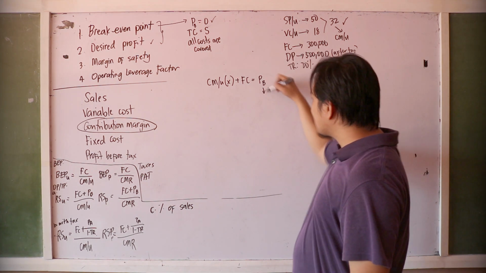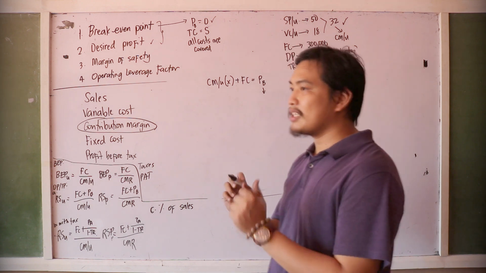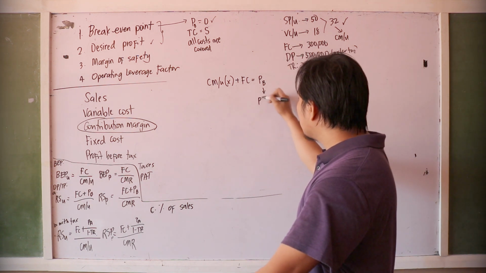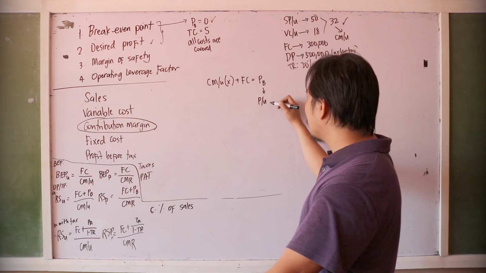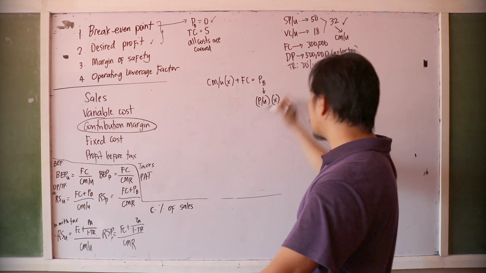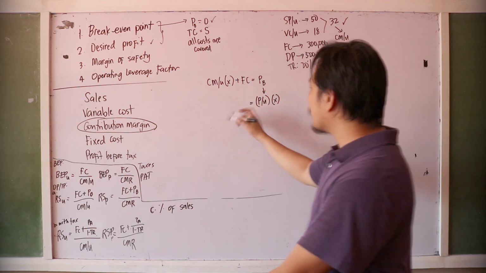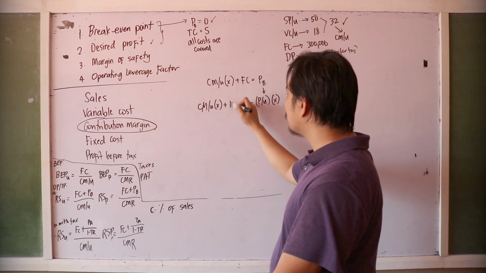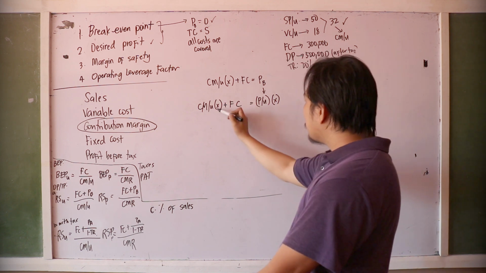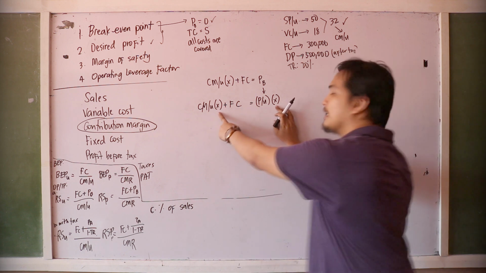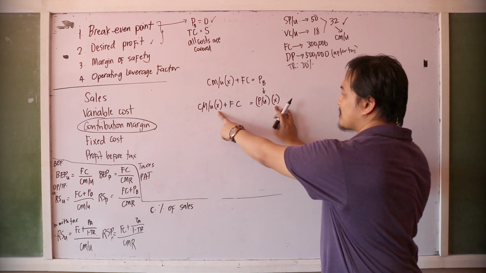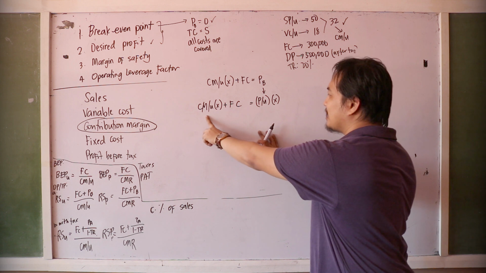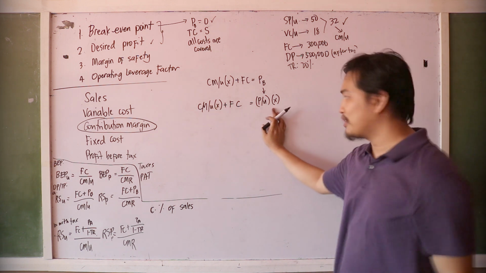Itong profit before tax natin, i-express natin siya in such a way na magiging profit per unit siya times the number of units. Yan na ngayon ang magiging equivalent ng contribution margin per unit times the number of units plus yung fixed cost natin. Dahil meron silang parehas na variable here, which is x, pwede natin silang pagsamahin dito so that we can factor out itong number of units.